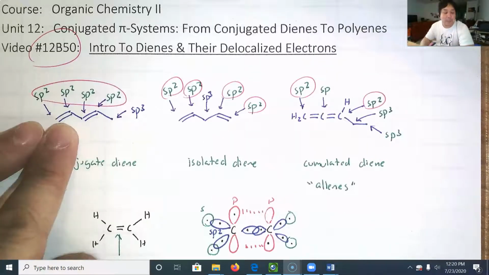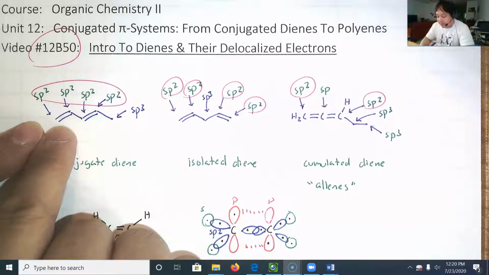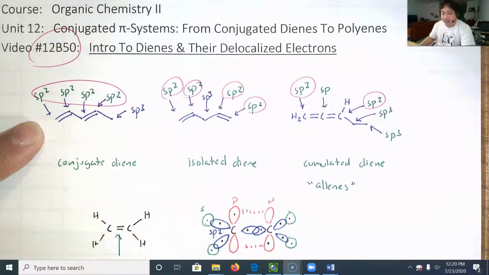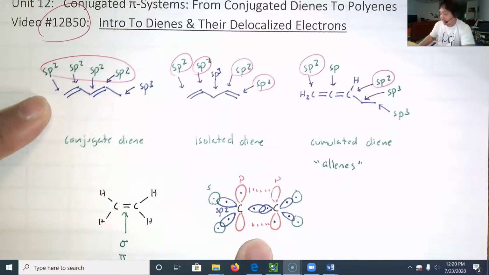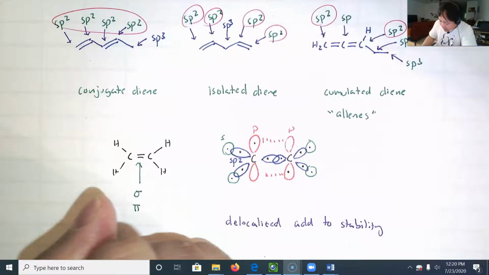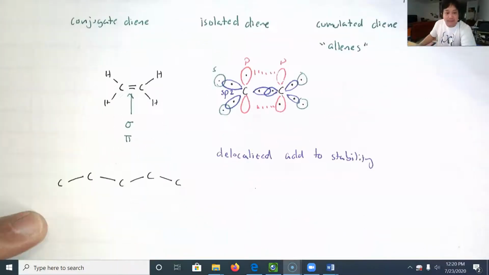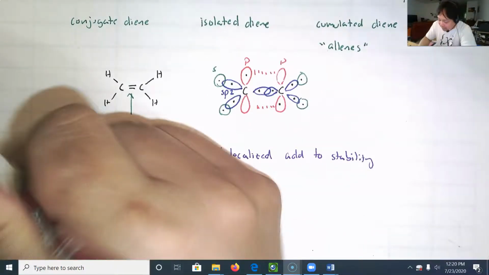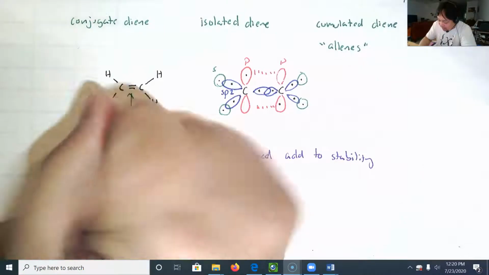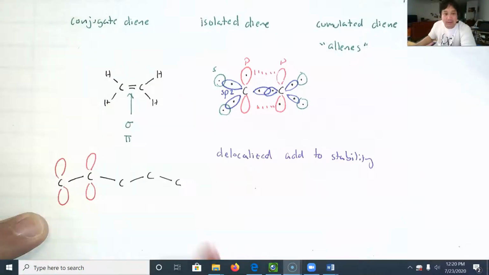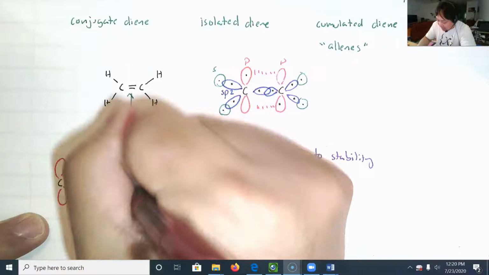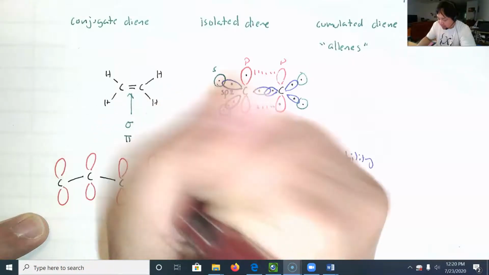Imagine that each of these carbons has that p orbital aligned, like we have here. If you want, draw it kind of on its side, like this. Okay? Think about your p orbitals. P here, P here, a P here, and a P here.